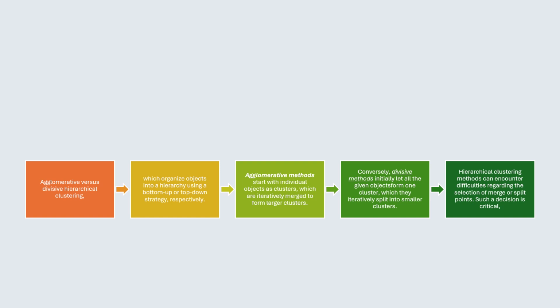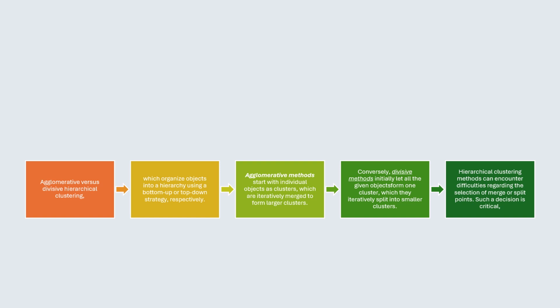An agglomerative hierarchical clustering method uses a bottom-up strategy. It typically starts by letting each object form its own cluster and iteratively merges clusters into larger and larger clusters. A divisive hierarchical clustering method employs a top-down strategy. It starts by placing all the objects in one cluster, which is the hierarchy's root.